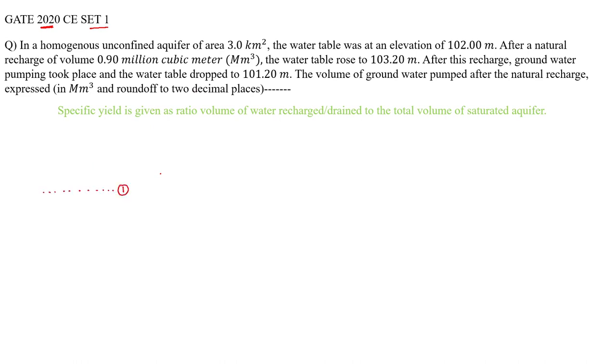This is case situation one, and this is 102.0 meter. Now what happened? You have added 0.9 million cubic meter of water. Because of this, the water level became this, which is 103.20.